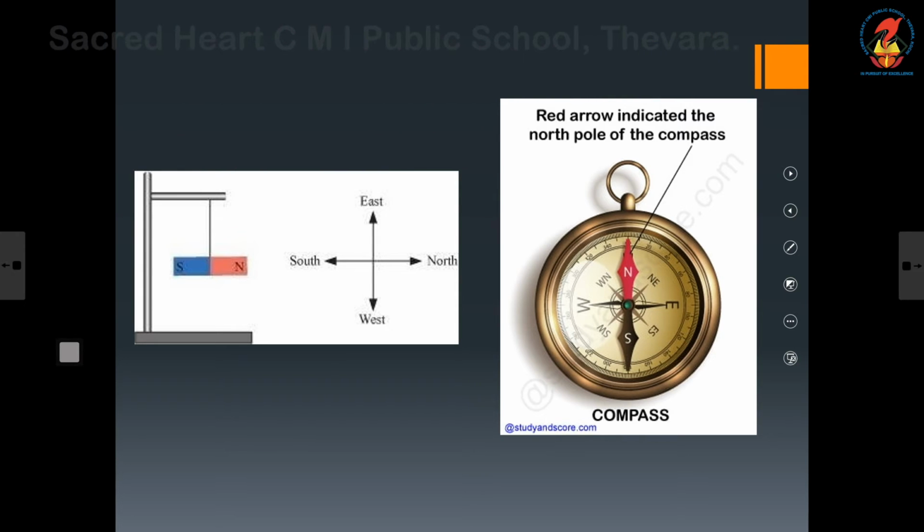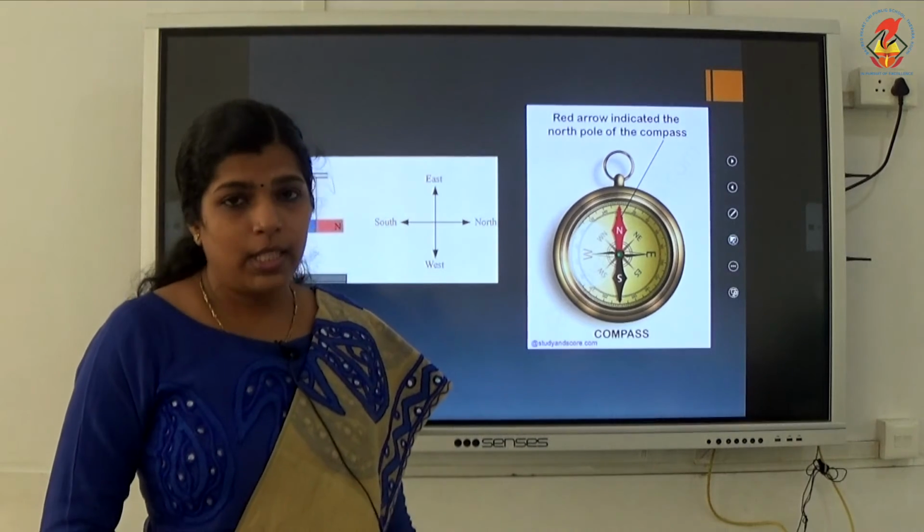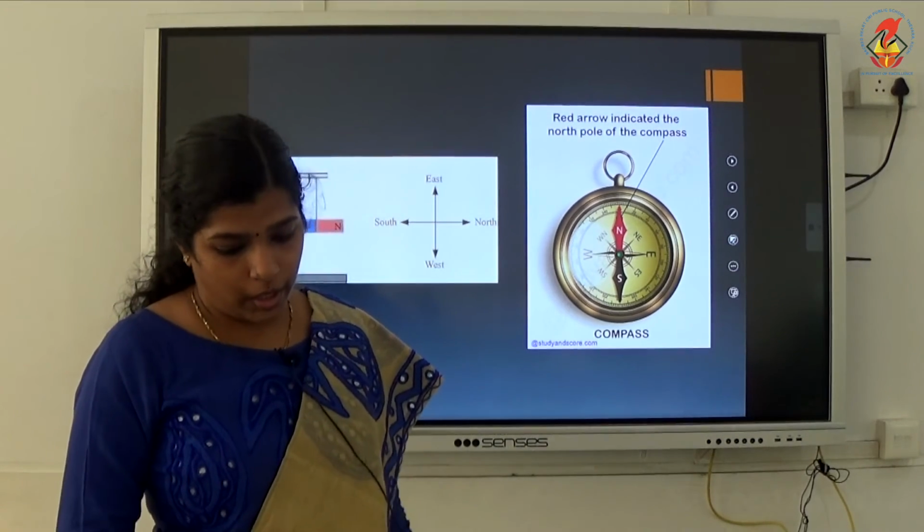This one is enclosed in a box, covered with glass, and markings are there on the dial. From this compass needle, we can find the direction. If you want to know the direction, its needle indicates the north-south direction.